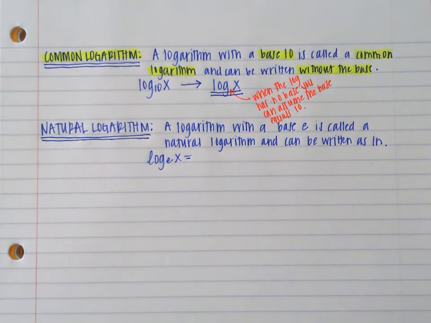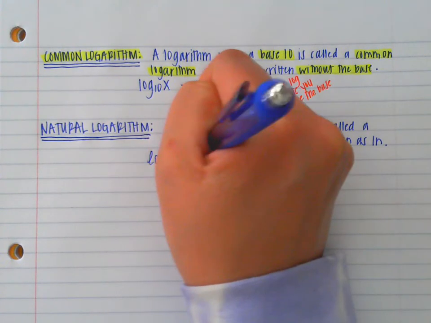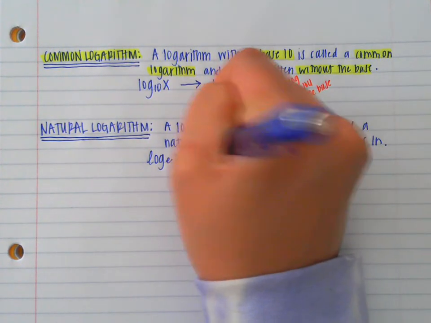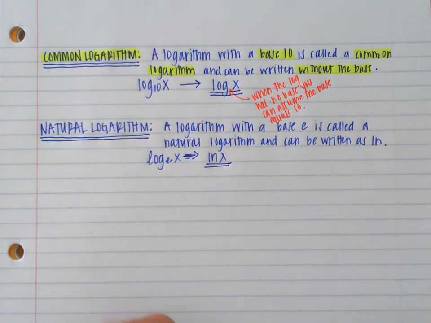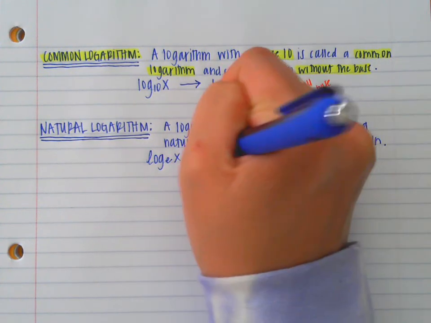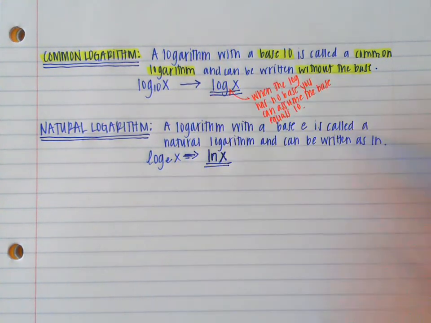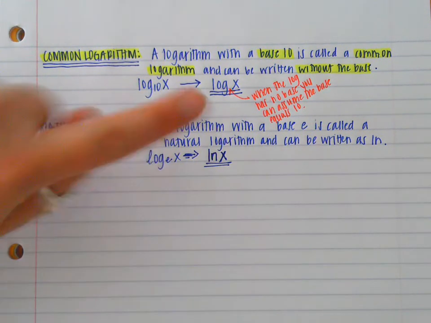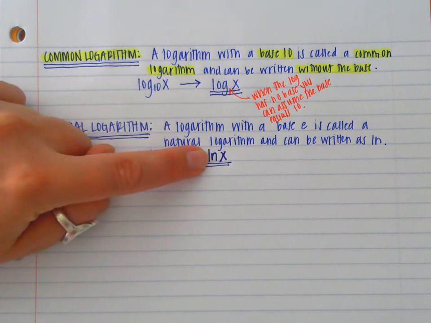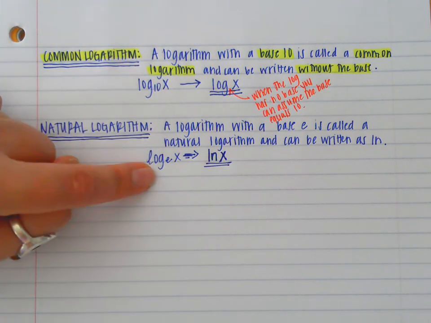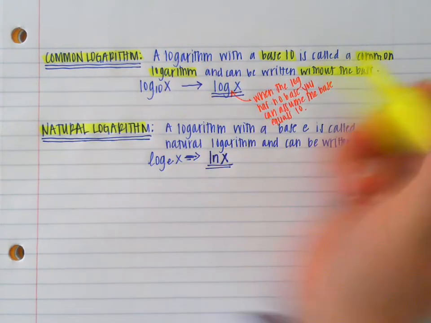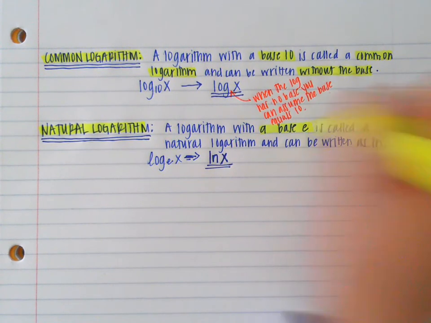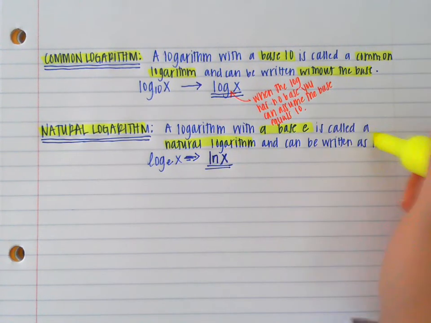So you would always, always want to write it as ln of x. So ln of x is how you would rewrite it instead of writing log base E. So these are the mathematically correct ways of writing these two things. Super important. So again, a natural logarithm is with a base E, can be written as ln.